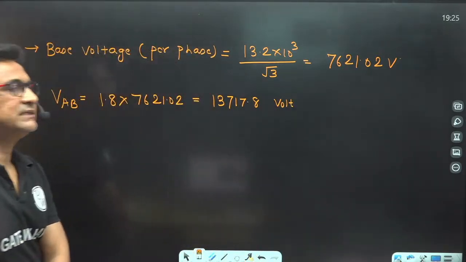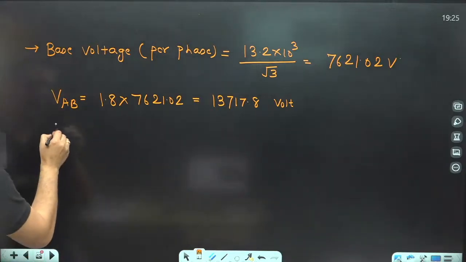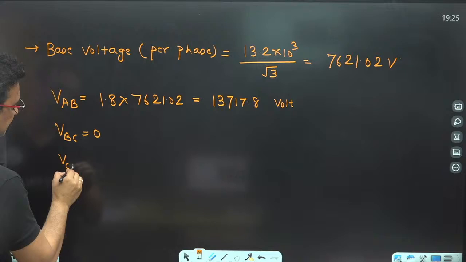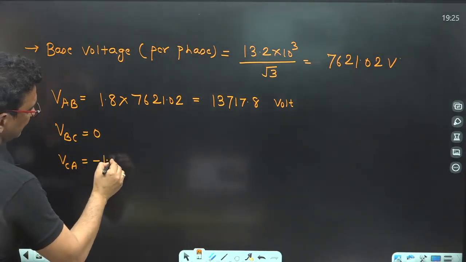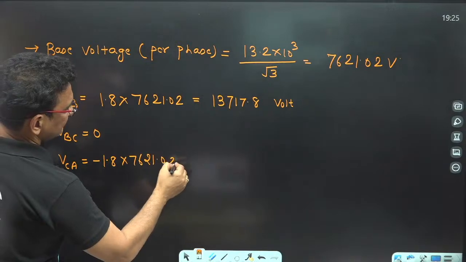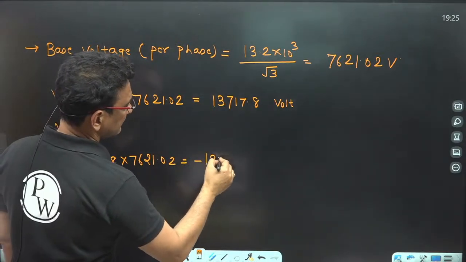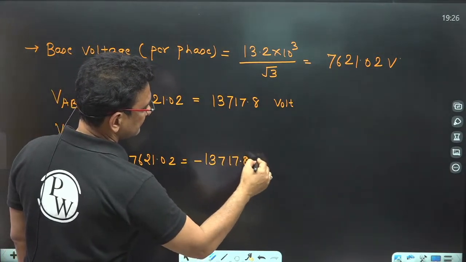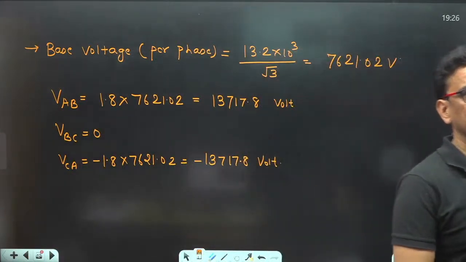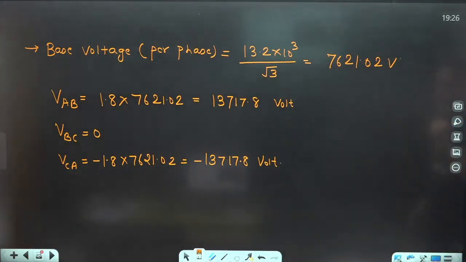or 13.717 kV. VBC is 0 and VCA is the negative of this, minus 1.8 into 7621.02. So you will get minus 13717.8. Is that clear?